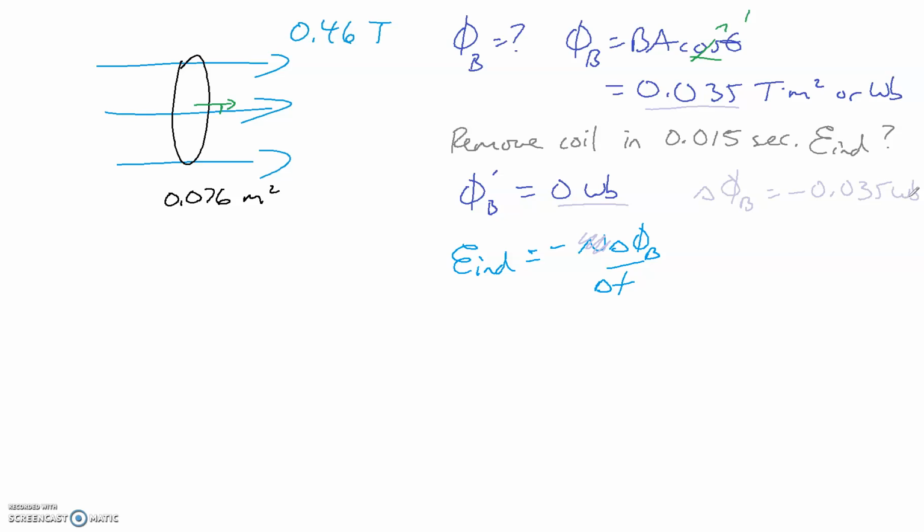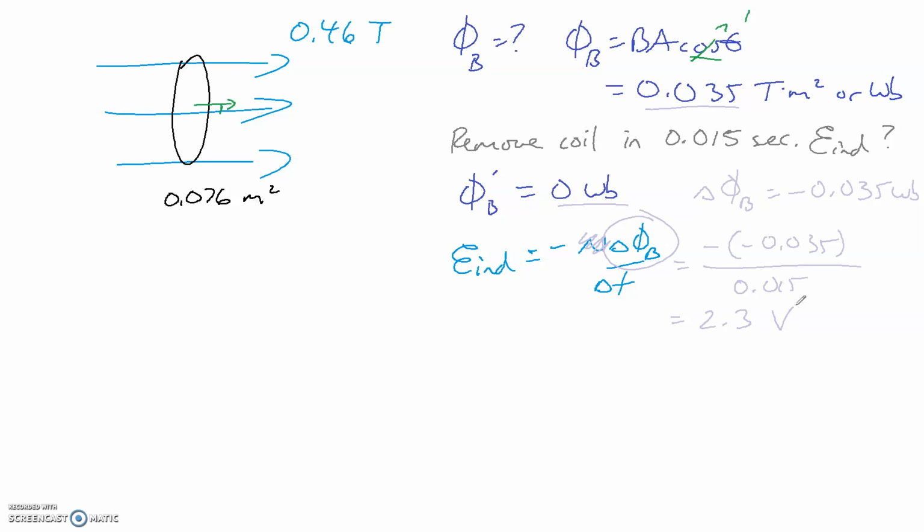I lost 0.035 Webers. The second one, take away the first one, it dropped by that much. And that's what I want to use in my expression. So it's going to be negative times negative. You can see those two negatives are going to cancel out. And no, you can't just drop the negatives for no reason. And we got the time of 0.015 seconds. So if I divide those two values, I will get an induced EMF of around 2.3 volts.